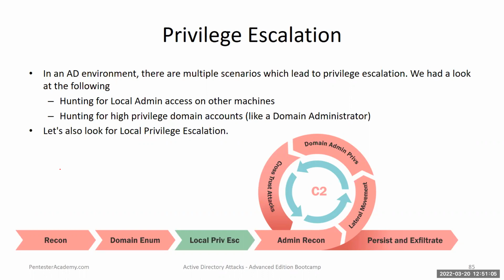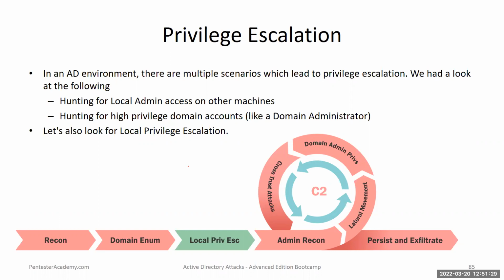Why? Having local administrator privileges on your foothold could be very useful to not only persist, but also to escalate, to use tools like variants of Mimikatz that require you to run from a high integrity process.